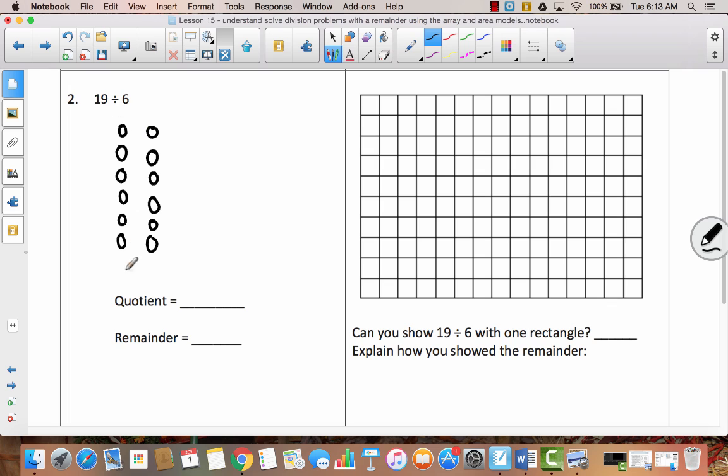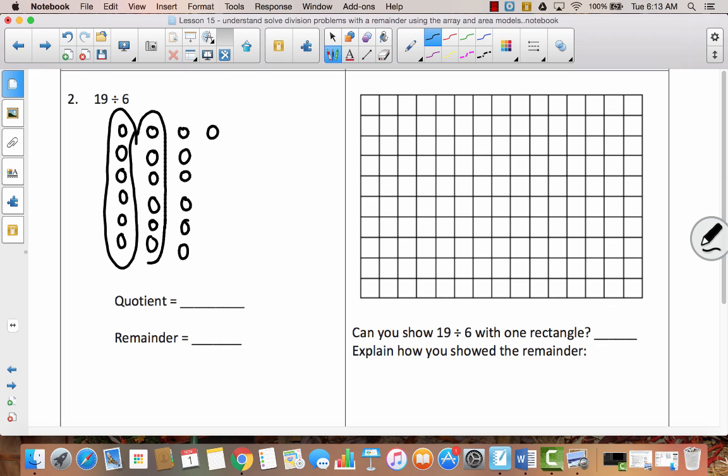So now I have 6, 12. Then I have 6 more, which is going to be 18. But if you'll notice, we have 19, so I'm going to have one more here. So I have one group of 6, 2 groups of 6, 3 groups of 6. So my quotient is still 3 because 19 divided by 6 makes 3 groups, but I have one left over.